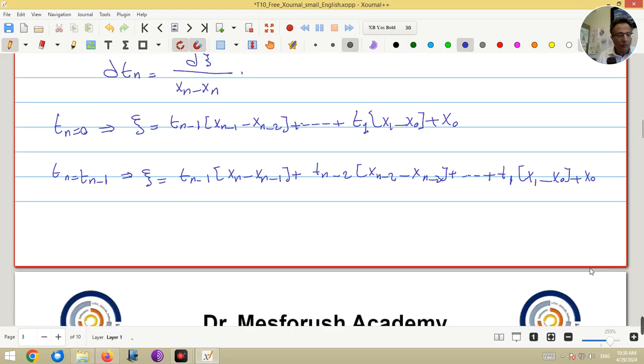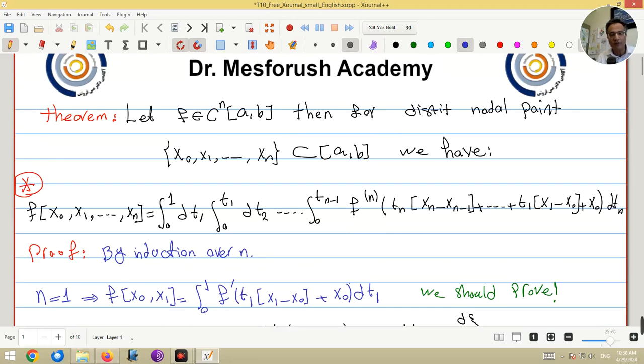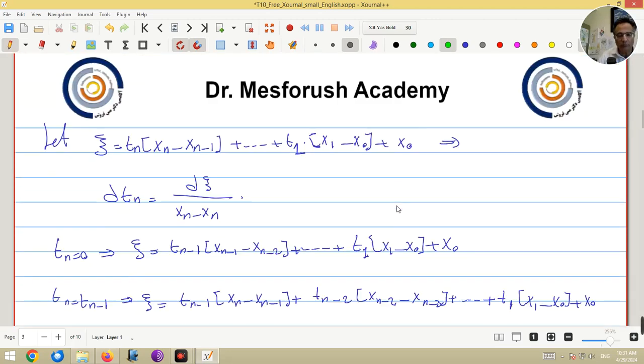Okay, so in the star here, if I consider this integral and I call this integral I.